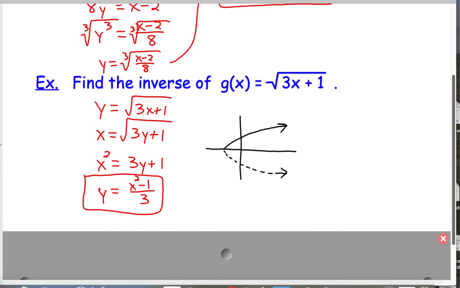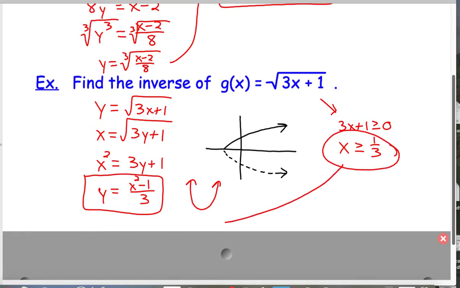And so when I reflect this over the y equals x line, I'm getting a parabola which has both sides, and we don't want both sides. So we're going to have to talk about what our domain restrictions are on this. So looking at the original, you know that 3x plus 1 has to be greater than or equal to 0. So that means that x is going to have to be greater than or equal to negative 1/3. So we have to tie that restriction to our answer.